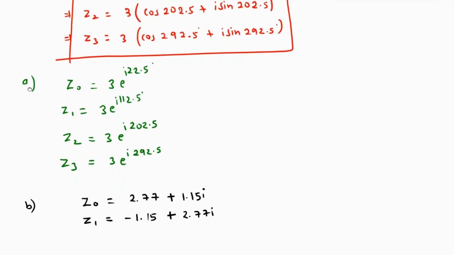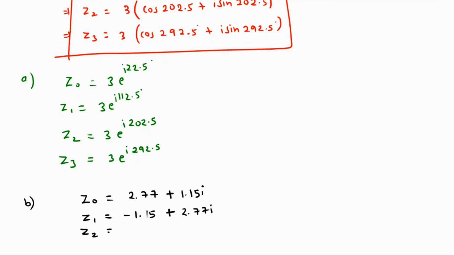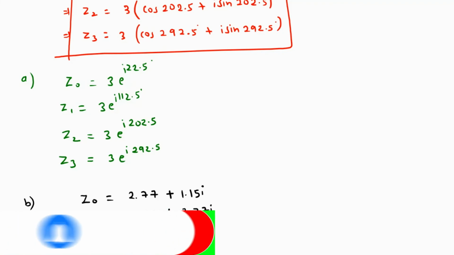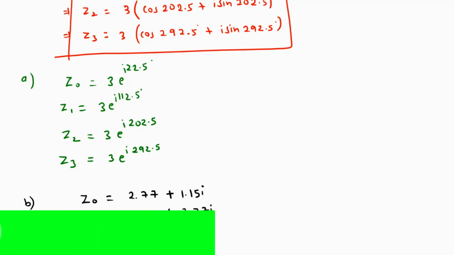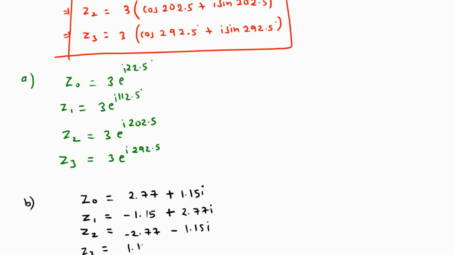Then z2 is cos of 202.5 times 3, which is negative 2.77, and the y coordinate will also be negative because it is in quadrant 3. And in quadrant 4, the value of z3 is going to be 1.15 minus 2.77i. So these are the four roots in a plus ib format up to two decimal places.